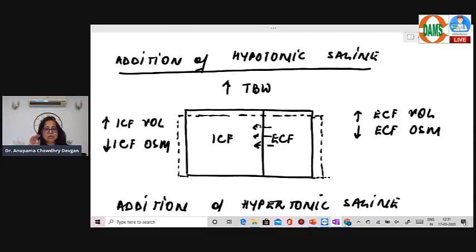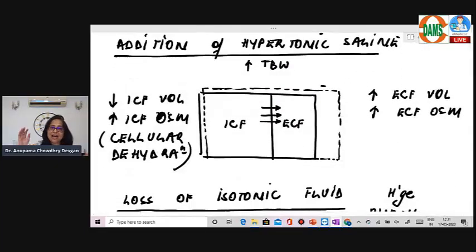So net result will be increase in total body water, increase in ECF volume, decrease in ECF osmolarity, increase in ICF volume, decrease in ICF osmolarity. If you look at addition of hypertonic saline, you are adding water, so you're going to increase the total body water. But at the same time, you're also increasing the ECF osmolarity, so shift of water from ICF to ECF, so cellular dehydration, in spite of increase in total body water.